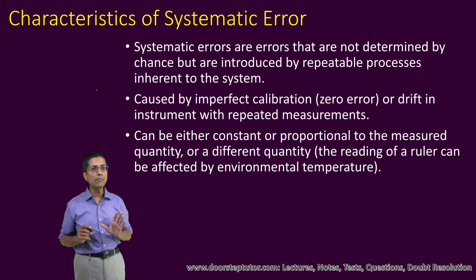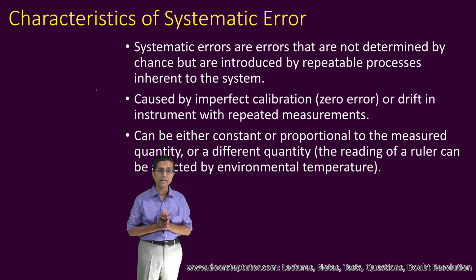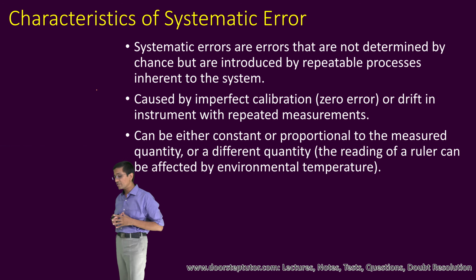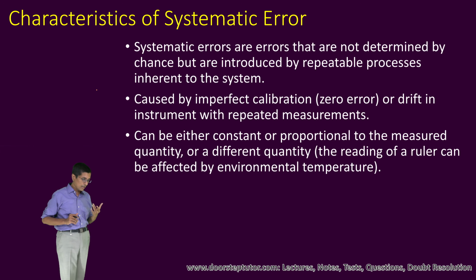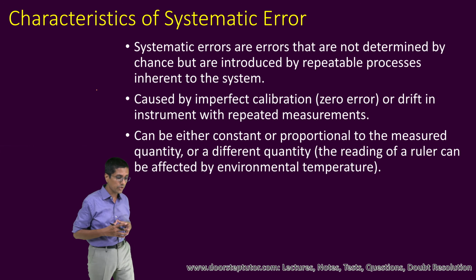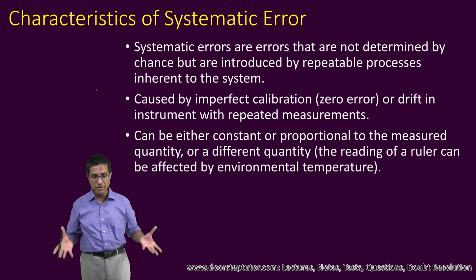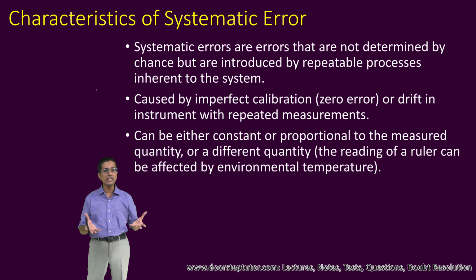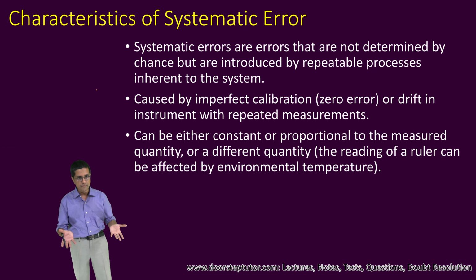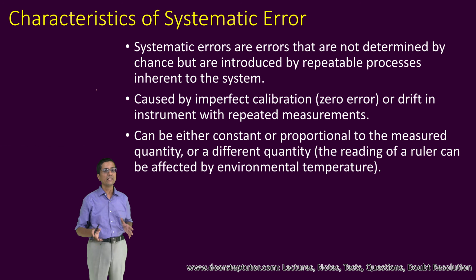Another thing about systematic errors is that sometimes, like in the case of zero error, they are constant. Other times the systematic errors actually drift. They change across time. One such example is when you are doing experiments using ammeters and voltmeters. When they are put in the circuit, they heat up, and as the instruments heat up, their readings start drifting.